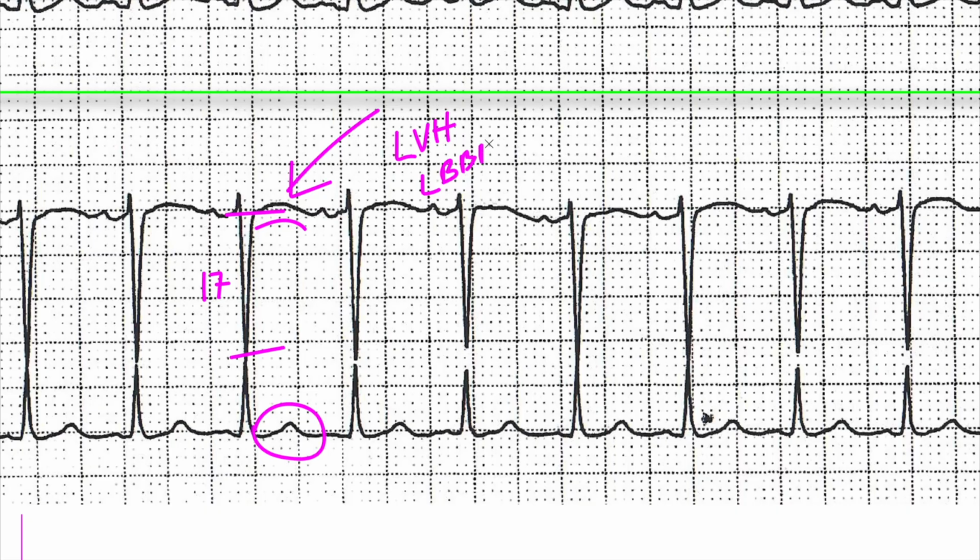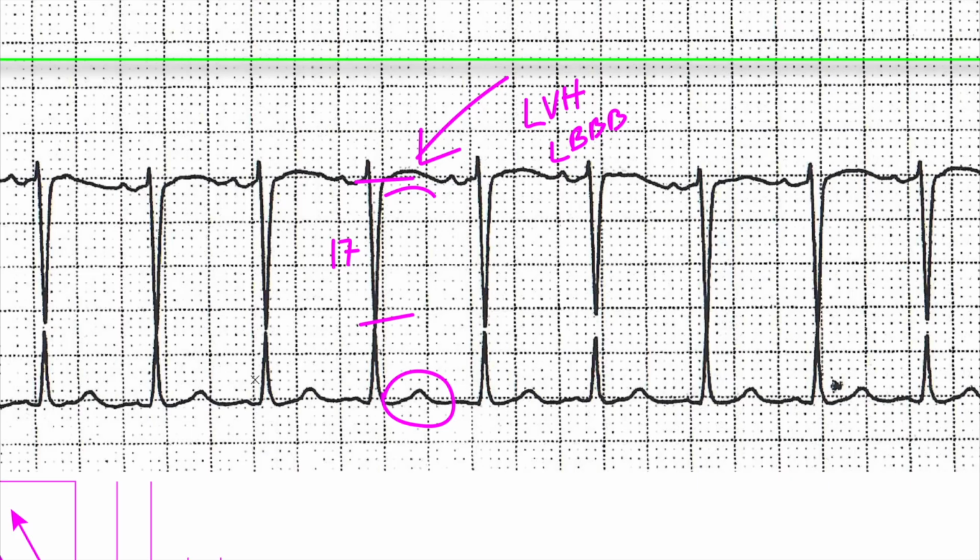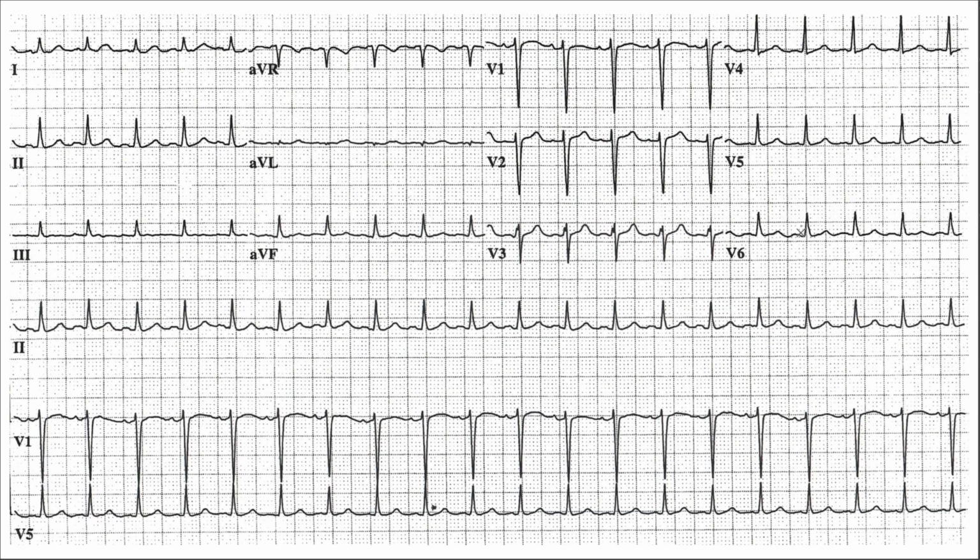Now, when it comes to the left ventricular hypertrophy, I'm going to be using the Sokolow criteria. And the Sokolow criteria states that you should use the S wave in lead V1, which is exactly what we're looking at right here, and the R wave in either V5 or V6. I'm just going to take a quick glance here. V5, V6, whichever one is bigger. So the R wave in V5 is bigger.